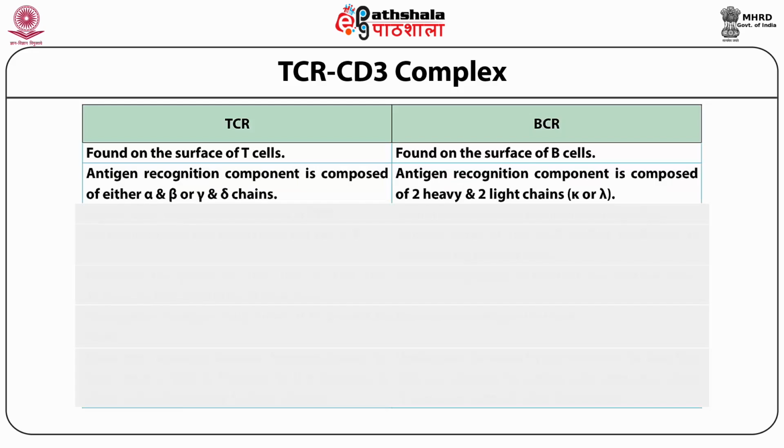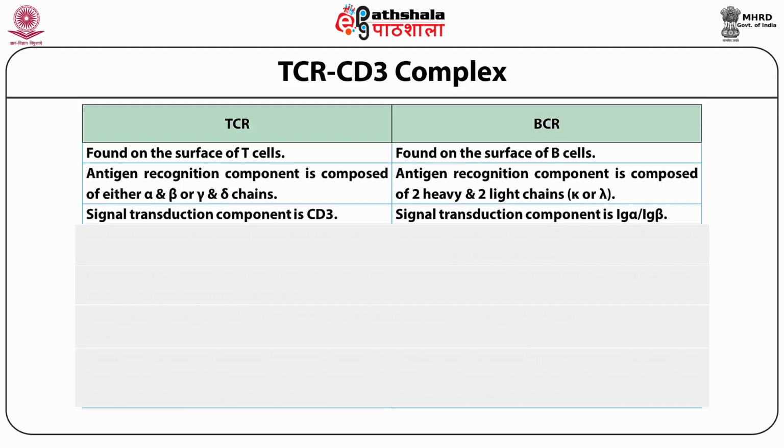The second point of difference is that for a TCR, the antigen recognition component is composed of either alpha and beta or gamma and delta chains, while for a BCR, the antigen recognition component is composed of 2 heavy and 2 light chains, which could be kappa or lambda. The third point of difference is that in case of TCR, the signal transduction component is CD3, whereas for the BCR, it is Ig alpha, Ig beta heterodimer.